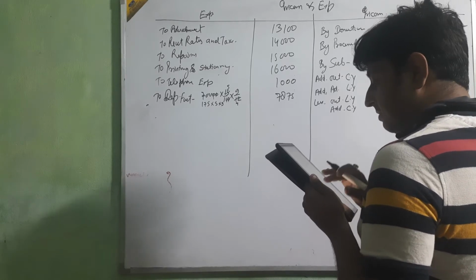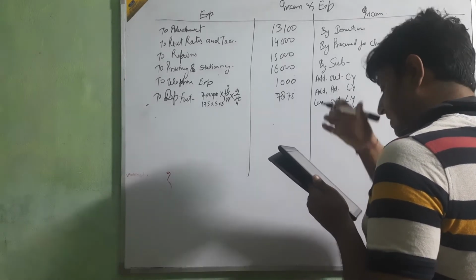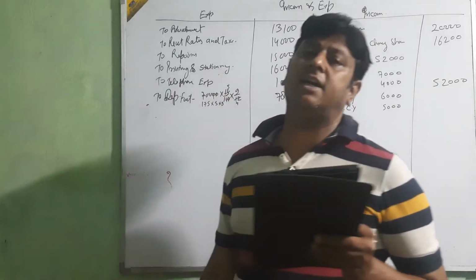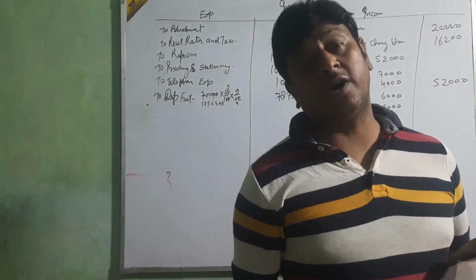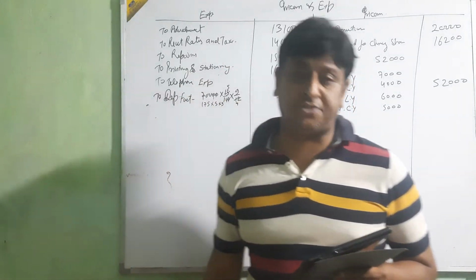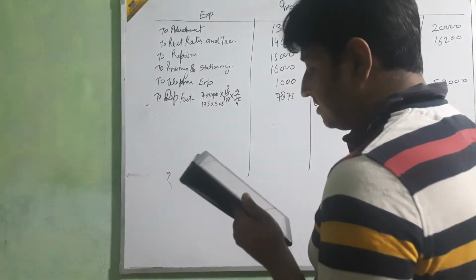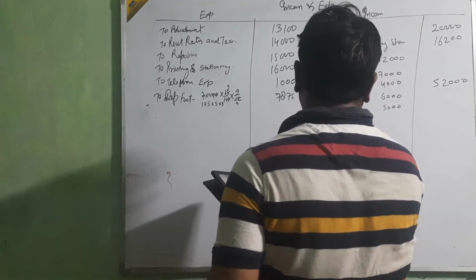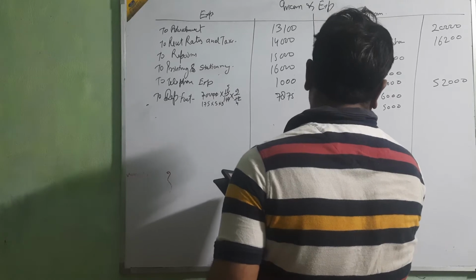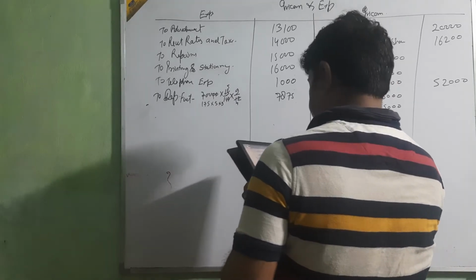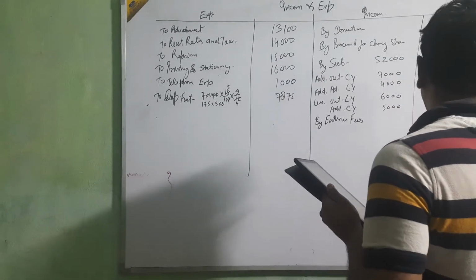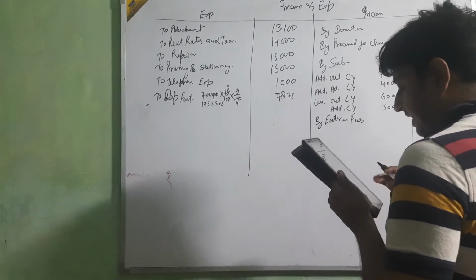Just see other information. After subscription, life membership fee, we are not going to take the life membership fee. Why? Because life membership fee is capitalized. Okay, beta. Next is the entrance fees, 6,000. Okay, beta.